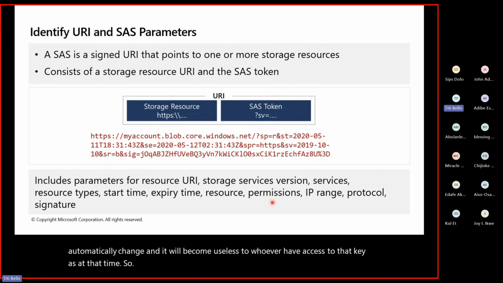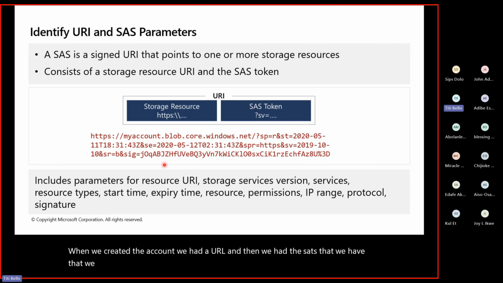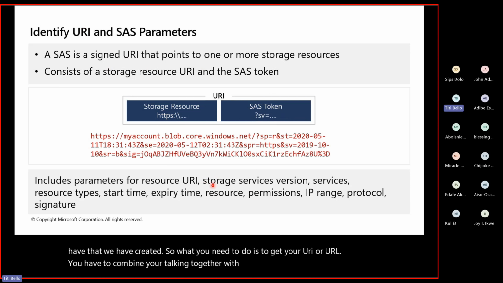Then identify the URL and SAS like we just did now. When we created the account, we had a URL and then we had the SAS that we created. So what you need to do is to get your URL: you have to combine your token together with the storage account URL, the location URL. So you have to combine the parameters together.